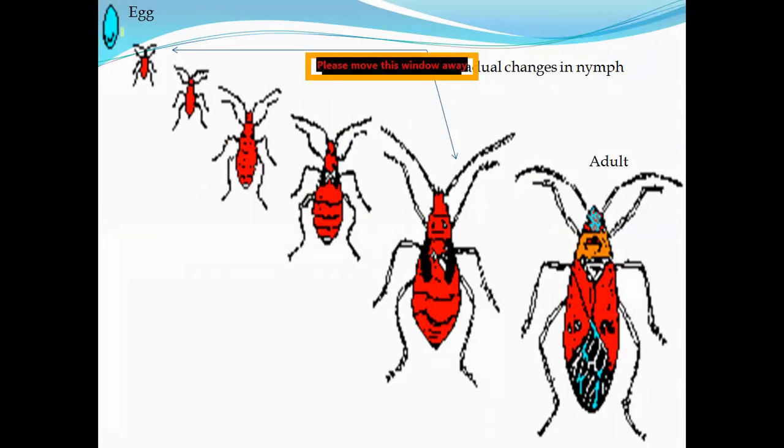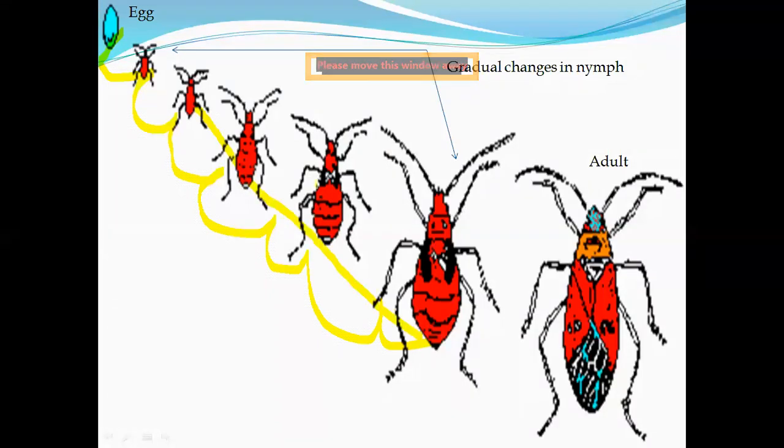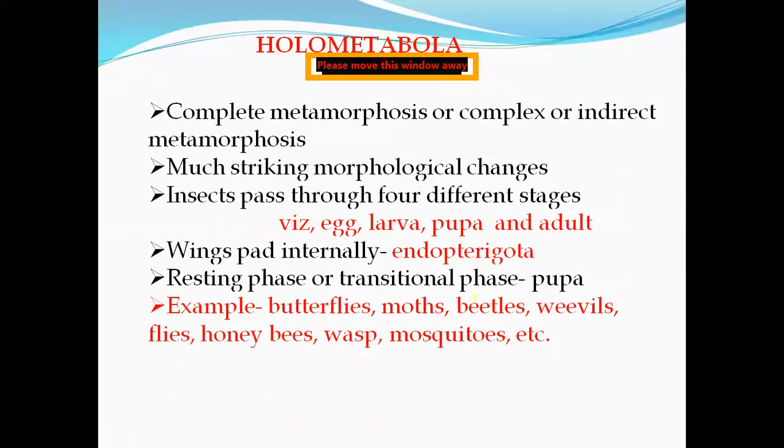If you see the whole series, eggs, nymph, and later, in each stage there are only slight changes; the external appearance is also the same, except wings are not present at first, slightly develop later, and when it becomes an adult, the wings are fully developed. Also from the size point of view and the appendages point of view, these are gradual changes in the nymph. That is called gradual metamorphosis.